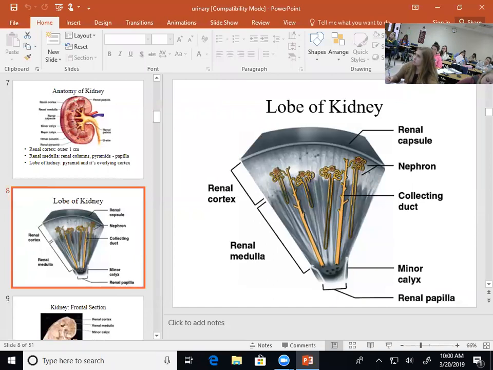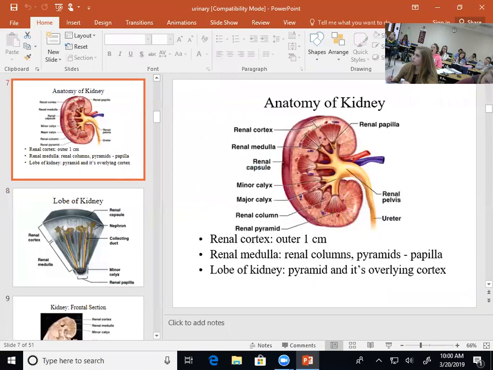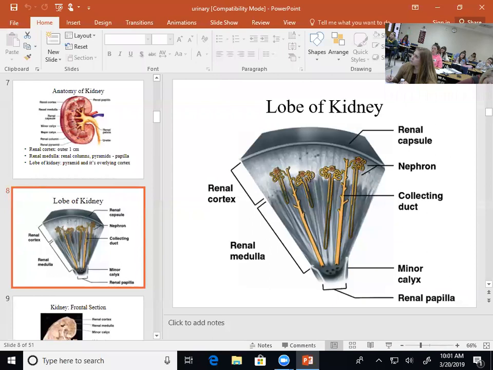Now, the thing about these is that they are finite. Yes, you have billions of them, but it's a finite number of nephron units that you have in the kidneys. Everybody good with that? Where the filtering first happens is the first structure of the nephron.